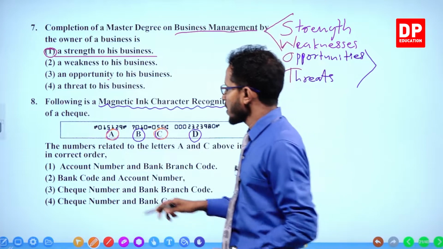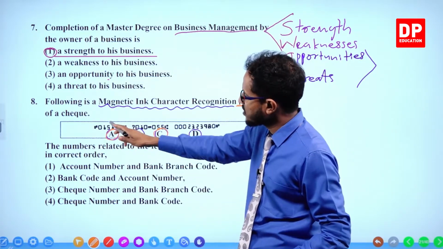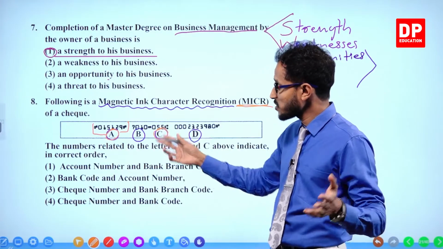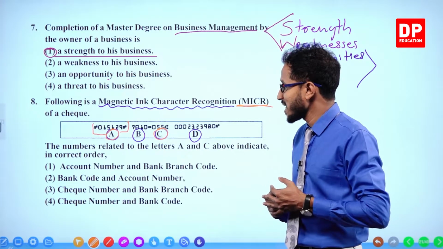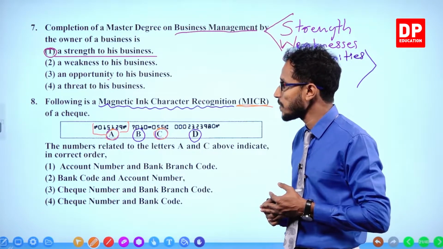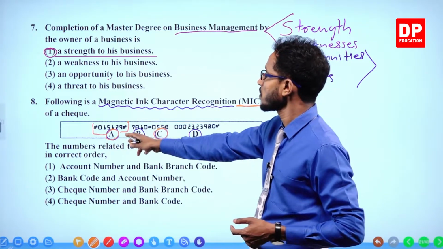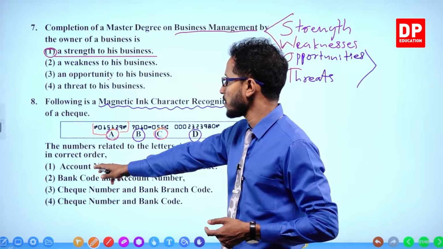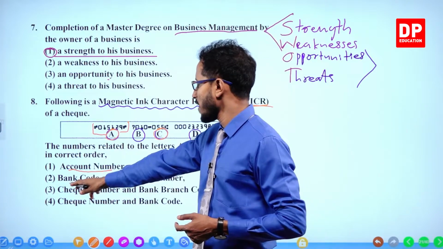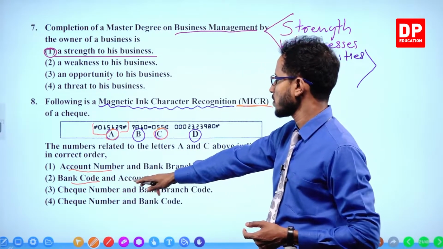Children, A, the first batch of numbers, is the check number. Not the account number, not the bank code.